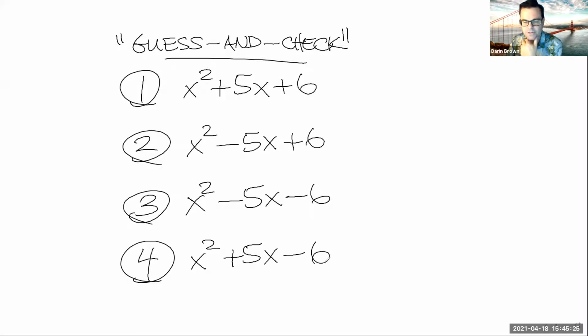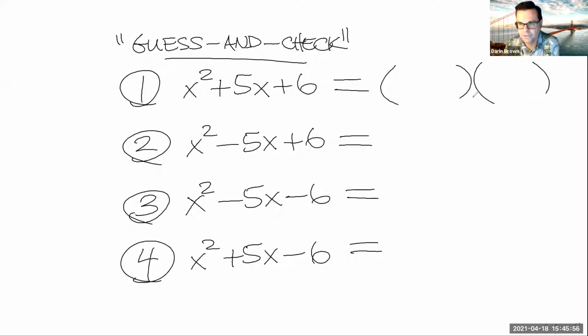Notice here we've got all of the different possible combinations of plus and minus. It's always x squared here, and we've got all the different combinations of plus and minus for the last two terms: plus plus, minus plus, minus minus, plus minus. Now we know that for all of these, if they're going to factor as a product of binomials, they're going to factor like this.